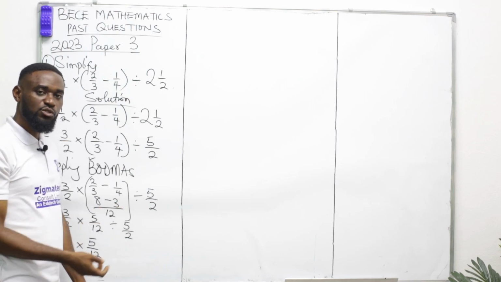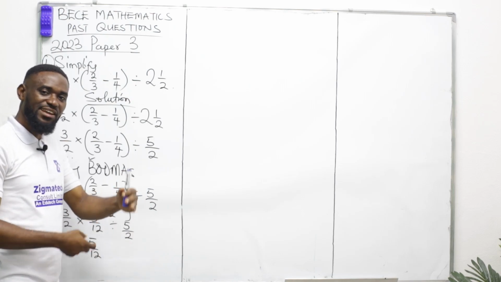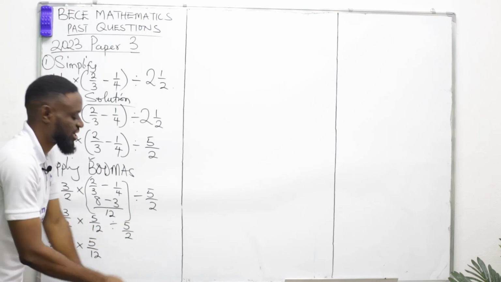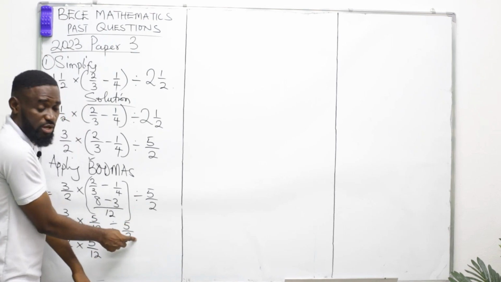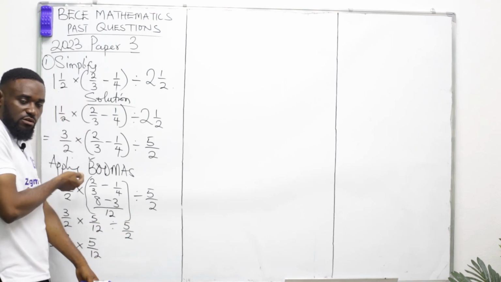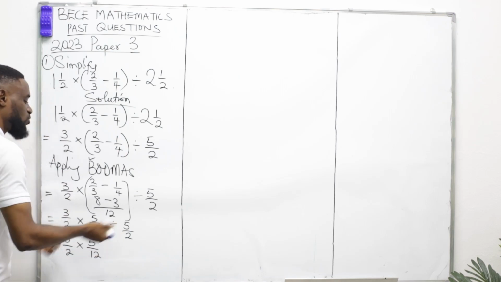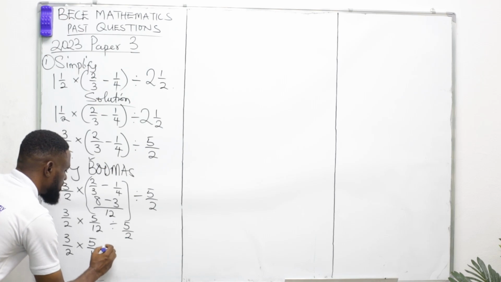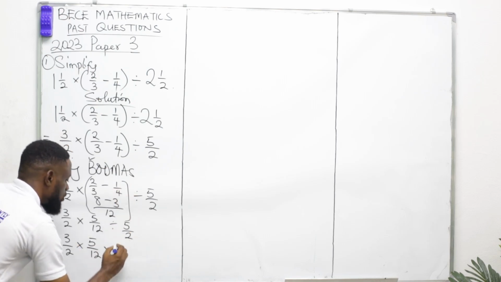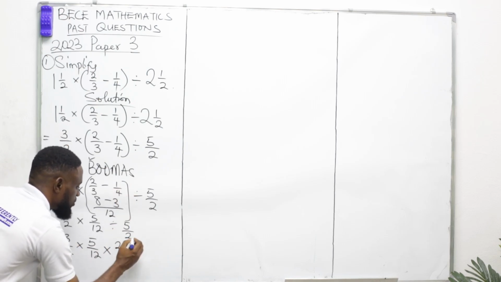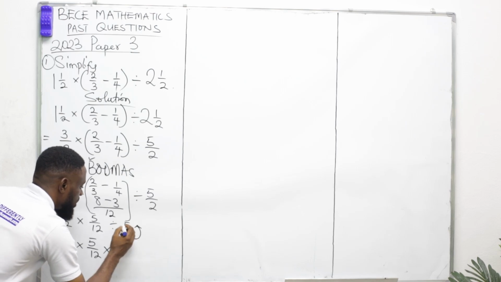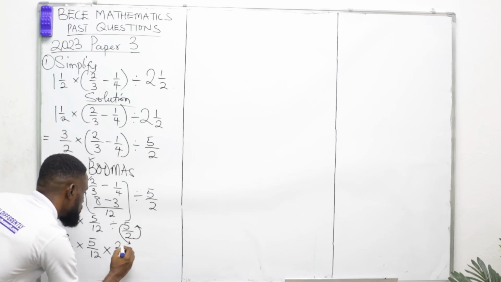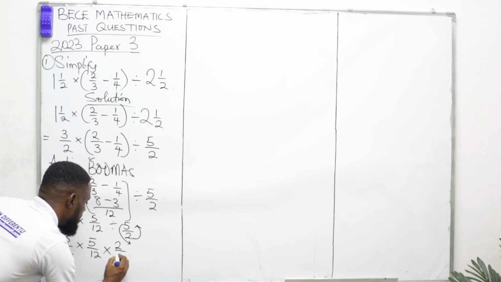When that happens, what we do is we take the inverse of the denominator fraction, which is this. This is the denominator fraction of this numerator fraction, right? Once we do that, this division sign changes to multiplication. 2 goes up and 5 comes down. 2 goes up here, 5 comes down here. So this will now be 2 all over 5.